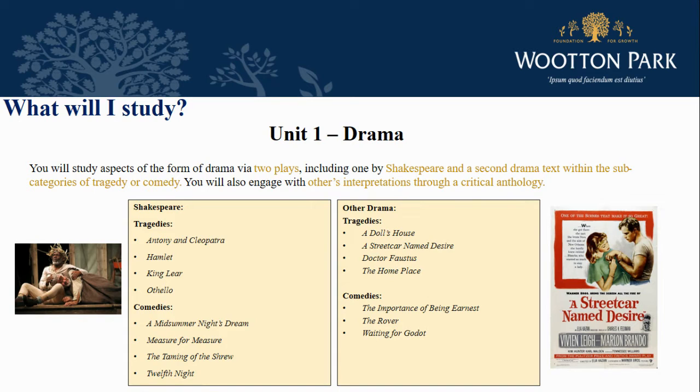What you will need to do in this unit is to compare those two plays together, looking at key thematic links. So, for example, you might look at family relationships in King Lear in comparison to A Streetcar Named Desire. Alongside this study, you will also be given a critical anthology, which is full of works by academics exploring the key issues and debates surrounding those plays.